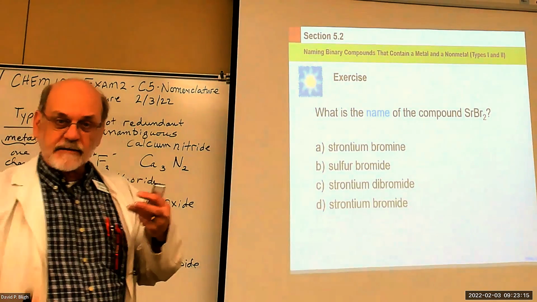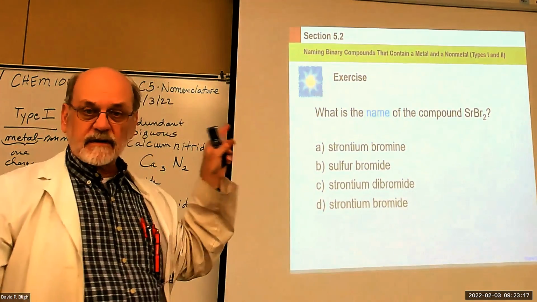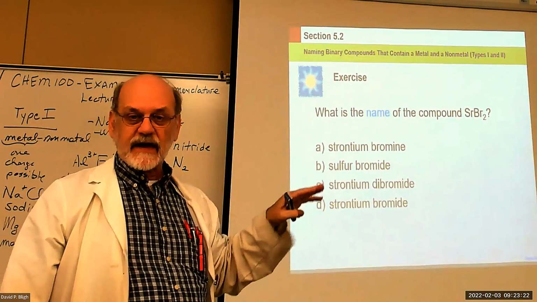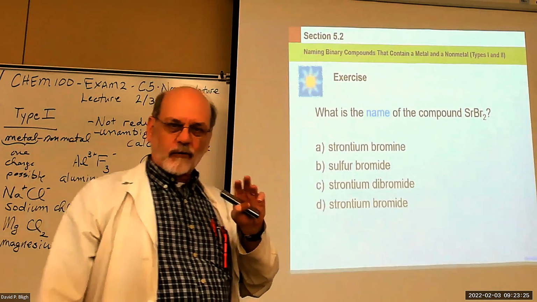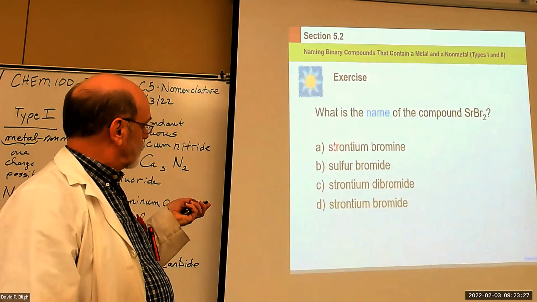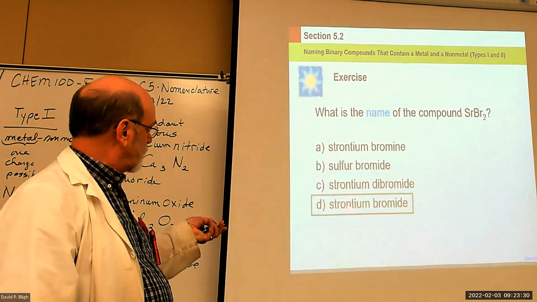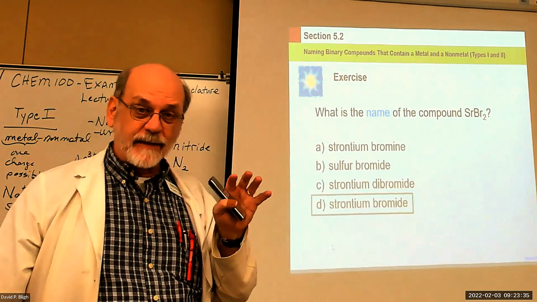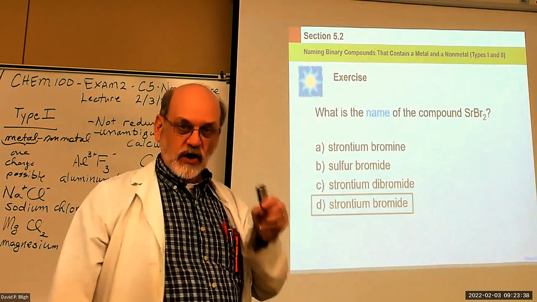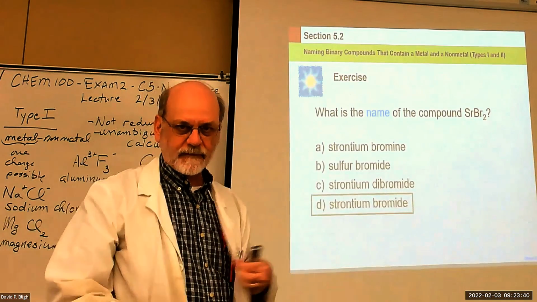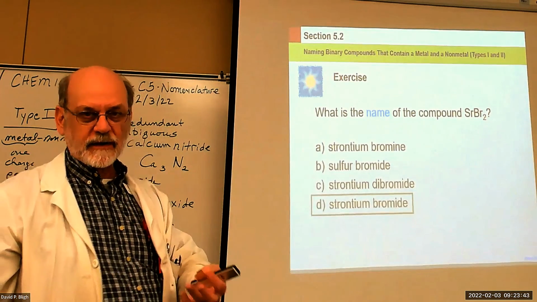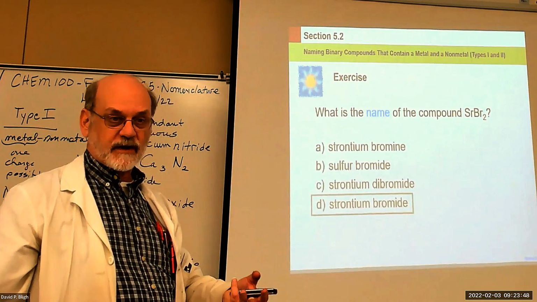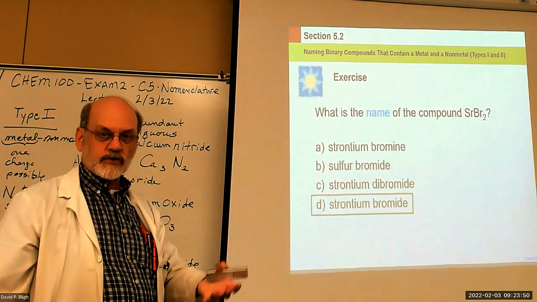In other words, what that means is that name goes with that formula and it can't go with anything else. It's unambiguous. You can't write any other compound from strontium bromide. You can't write any other compound from that name except this one. That's unambiguous. Ambiguity leads to confusion. If it's possible to write more than one compound from that name, then it's not unambiguous and would lead to confusion.